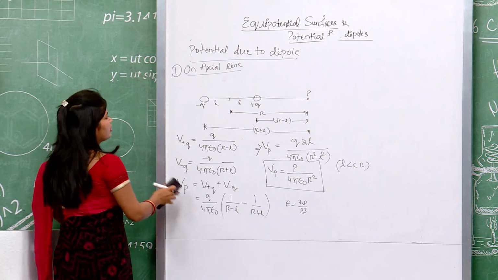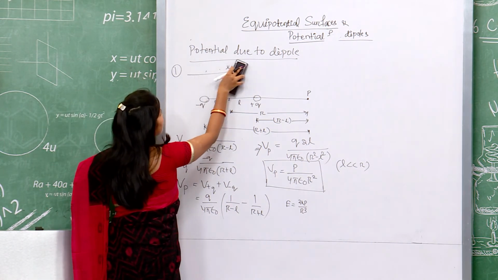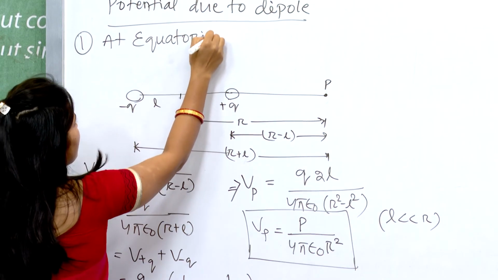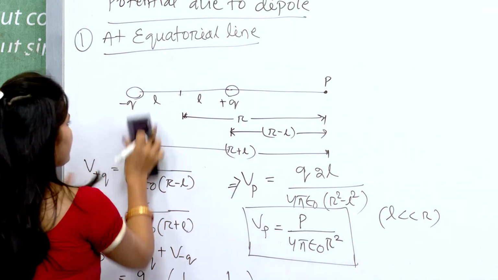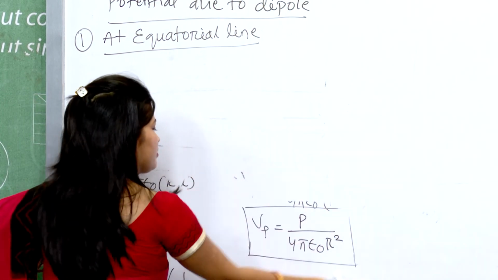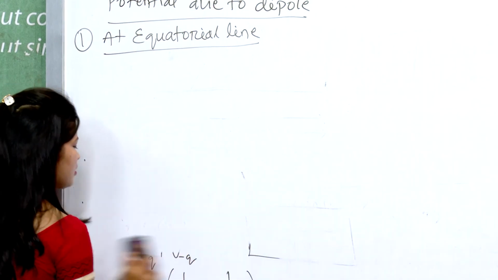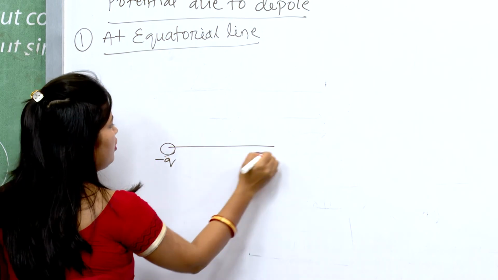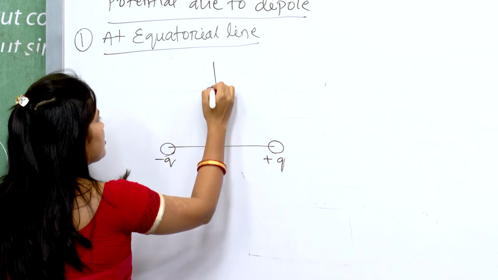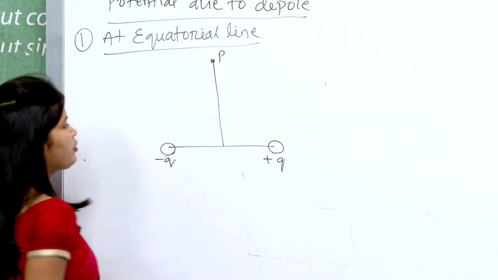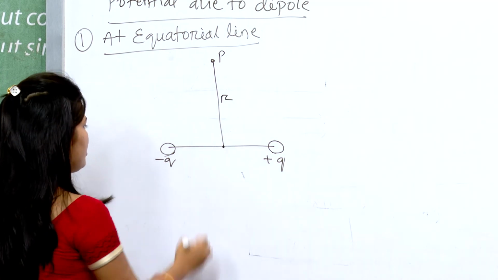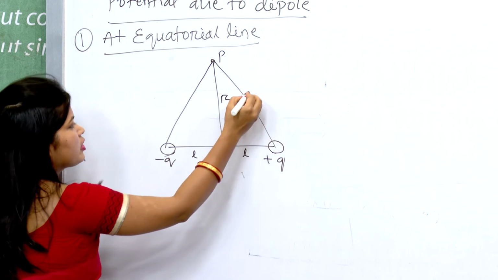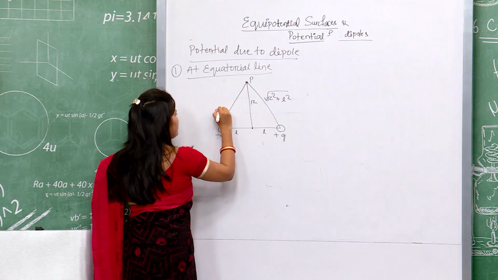Next, we will see the equatorial line. See, this is our dipole and this is our equatorial position, point of observation P, and from the center the distance is r, this is L, this is also L. Then this distance is square root of r square plus L square, and this distance is also square root of r square plus L square.